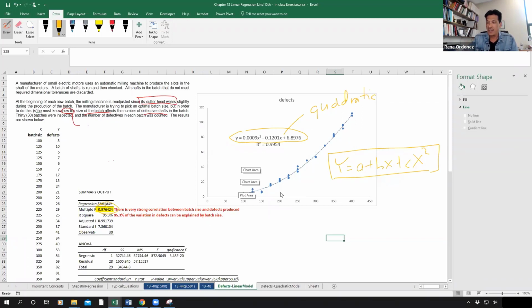We determined that the linear model is not appropriate, but this one is. So let us construct a quadratic model, because this kind of connects us to the next chapter. Let's run a quadratic model and then test that model both for significance and appropriateness.